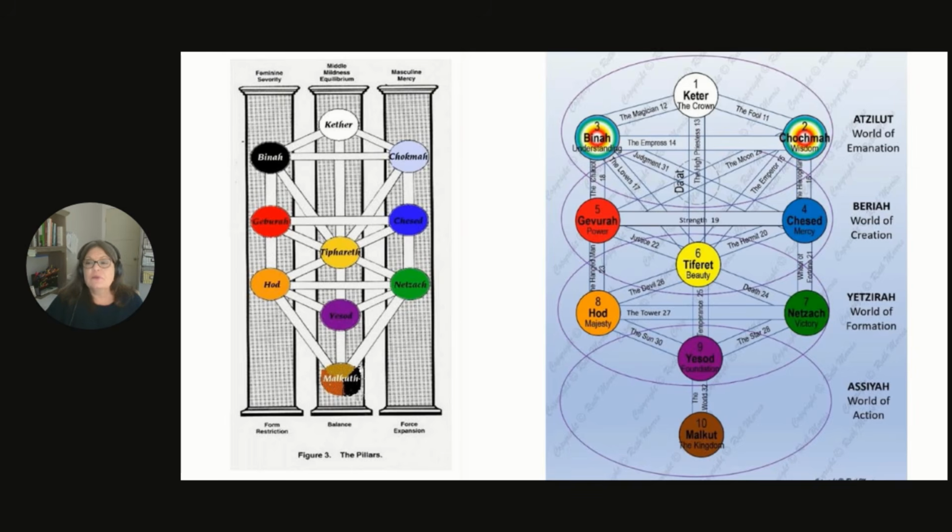Right? So that back pillar, it's kind of like Jesus in the machine, Jesus in the AI.